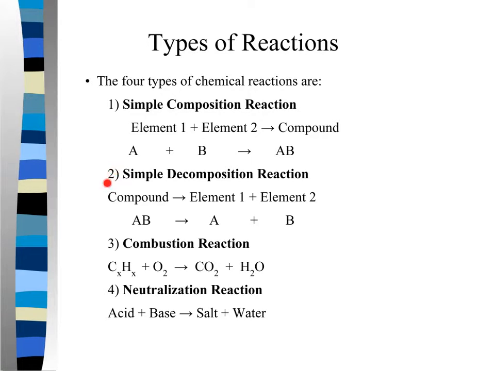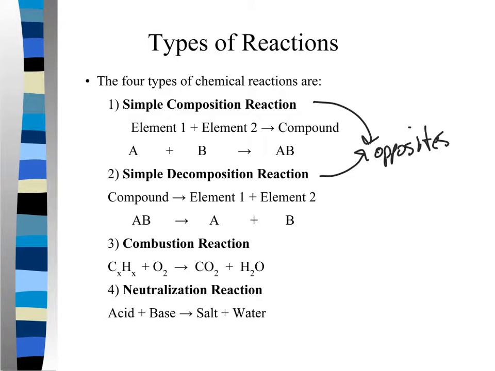The next type is the exact opposite of a simple composition reaction, and this is a decomposition reaction. This is where we start with a compound, break it apart, and produce element 1 and element 2. Just remember that these two are opposites of each other.